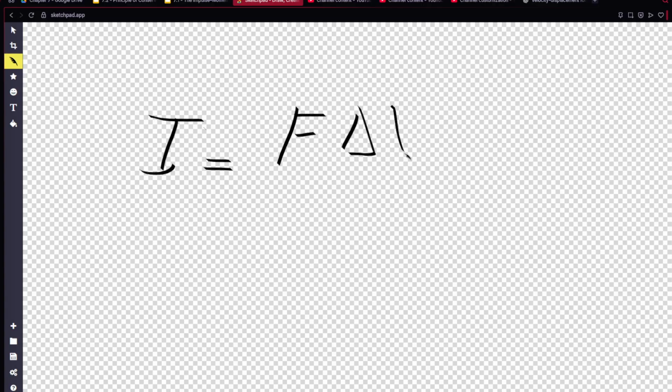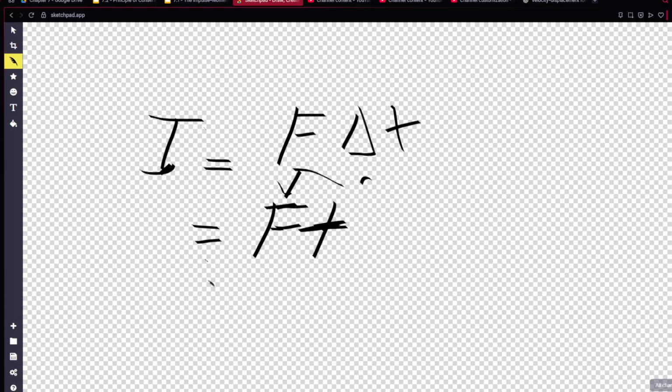I don't really like using delta t, because I like using t, the time elapsed, since time is relative between two points. And this would be the average force, because time is over an interval.